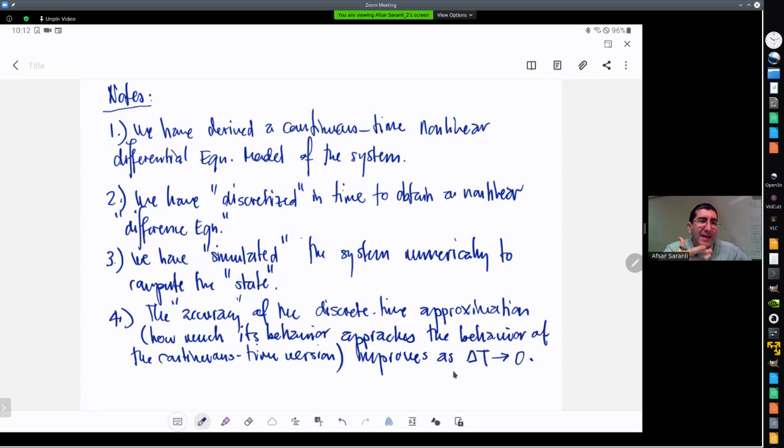That means finding a linear approximation around an operating point where you can derive a linear approximation to this nonlinear system. Okay, so before we move on to that area, any questions related with what we have done so far?